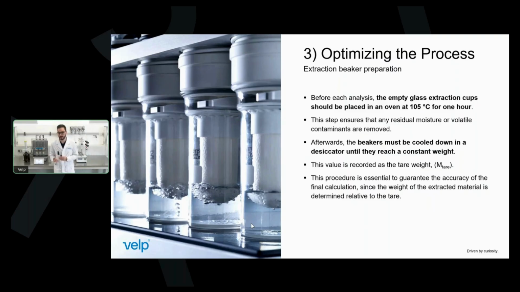So we have to dry the extraction cap at 105 degrees centigrade for at least 1 hour. Then we take out the extraction cap from the oven. We can put it inside a desiccator and let it cool inside the desiccator with a controlled moisture ambient. Then we can take the mass of the extraction cap and note it as tare.